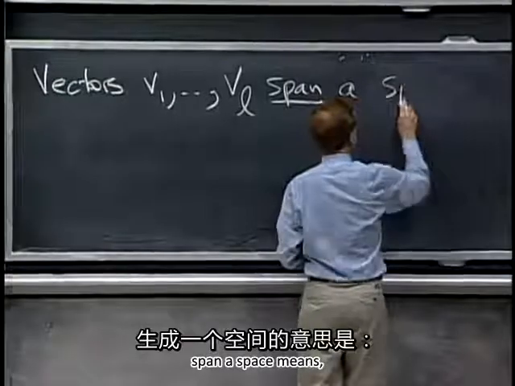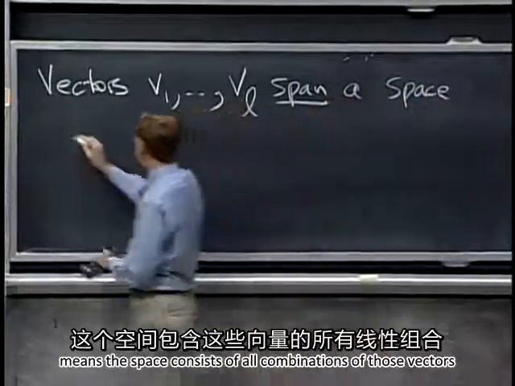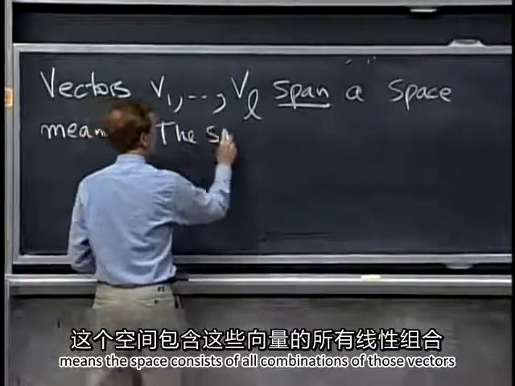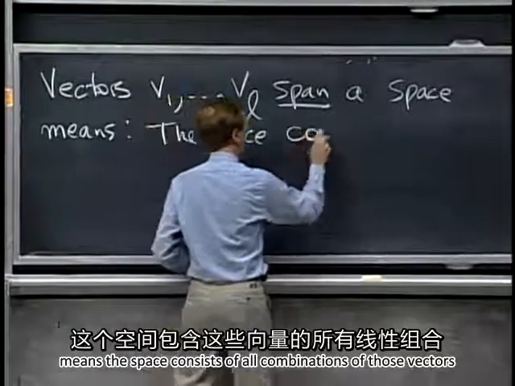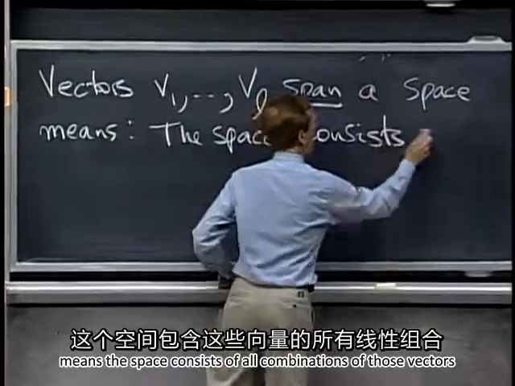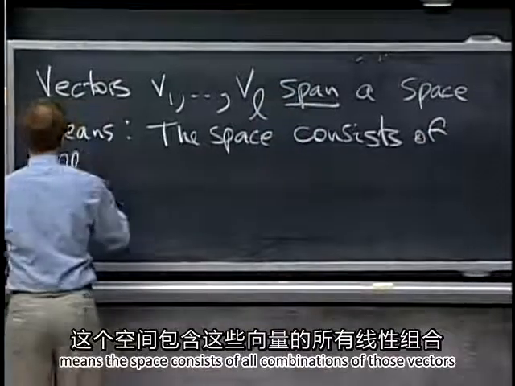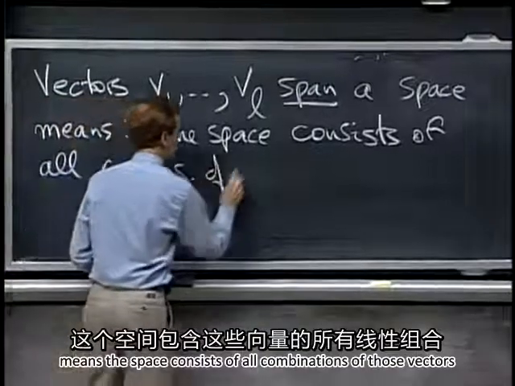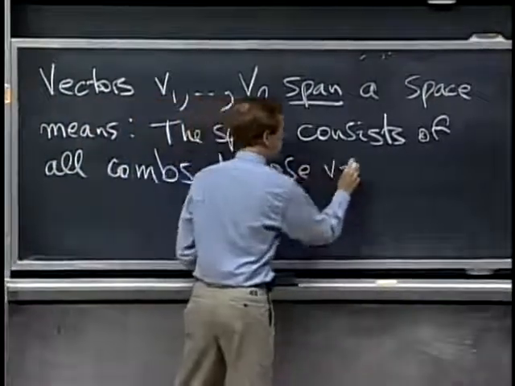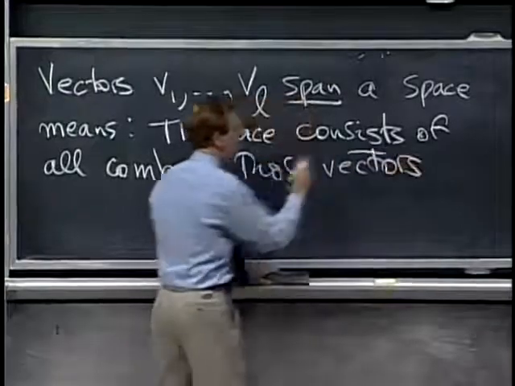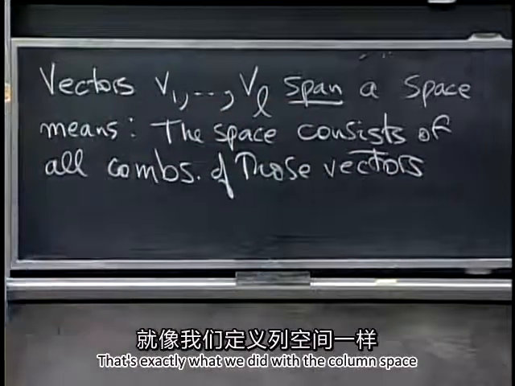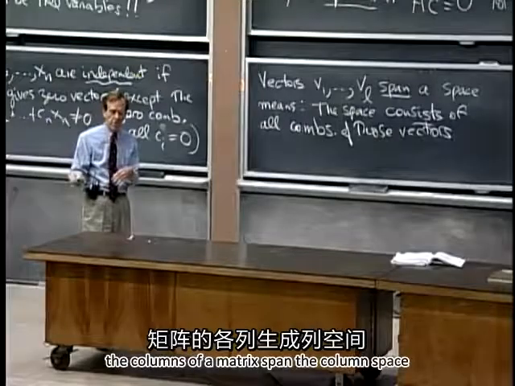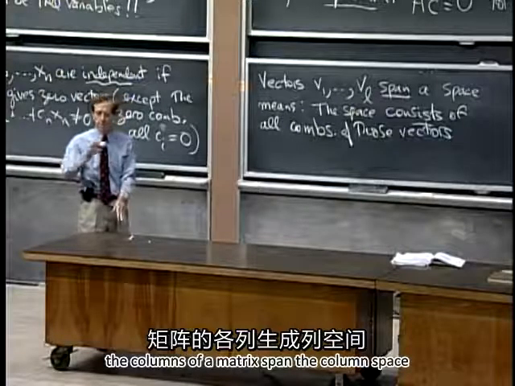Span a space means the space consists of all combinations of those vectors. That's exactly what we did with the column space. So now I could say in shorthand, the columns of a matrix span the column space.